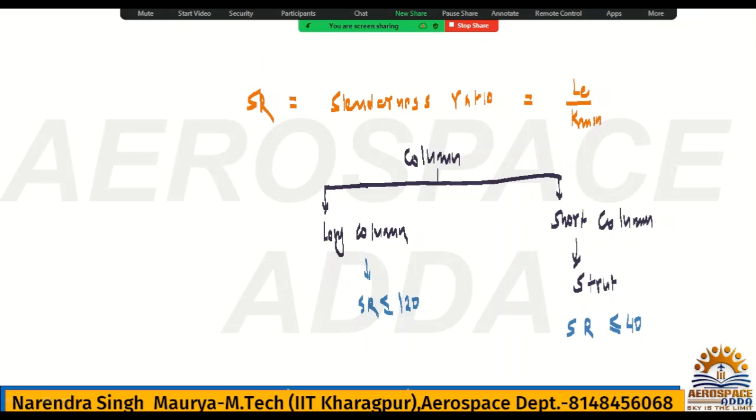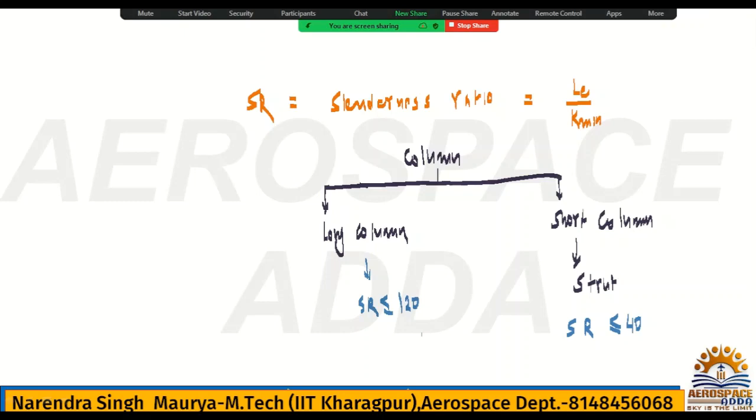In between, that value will be the medium column. So this is the slenderness ratio. Up to SR 120 will be a long column, and SR up to 40 will be called a short column, or sometimes also called a strut.